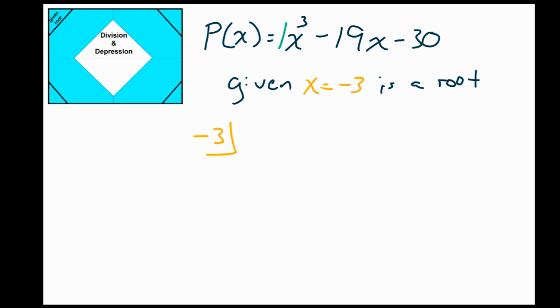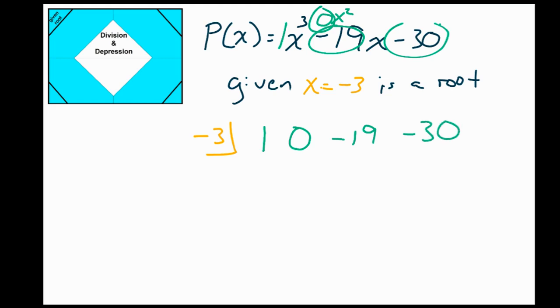Now you can see that what I'm getting set up for here is known as synthetic division. And these green numbers that I'm helping you to locate are the coefficients. Remember, when you use synthetic division, you just need the coefficients of your polynomial. Now, there was a missing coefficient, so I had to use a placeholder.